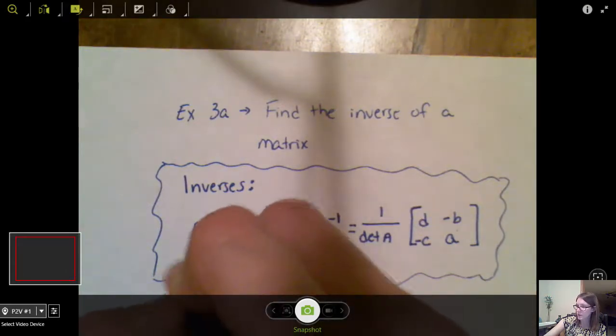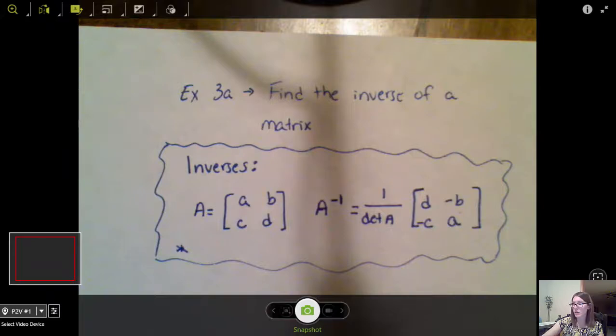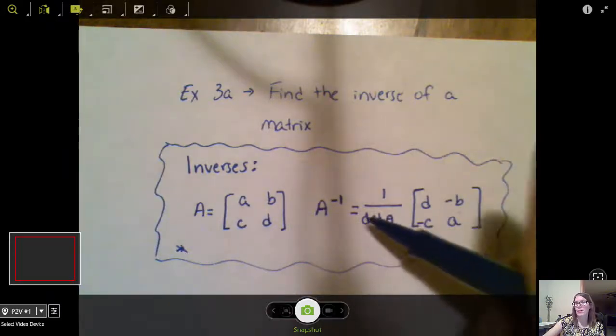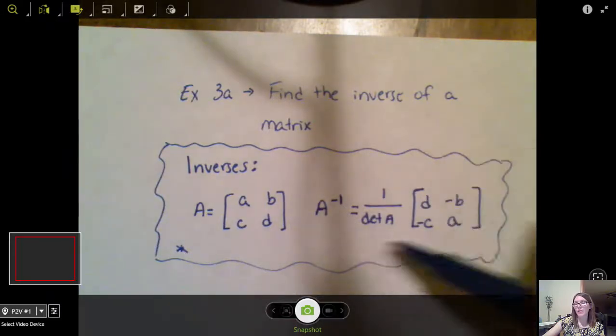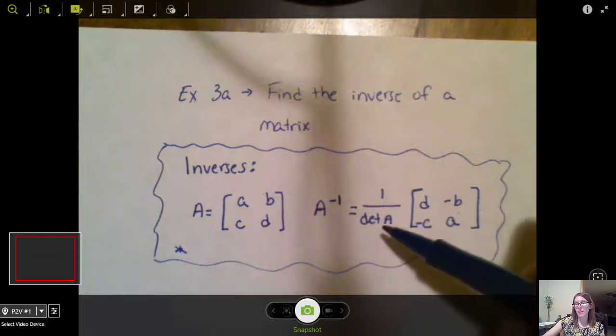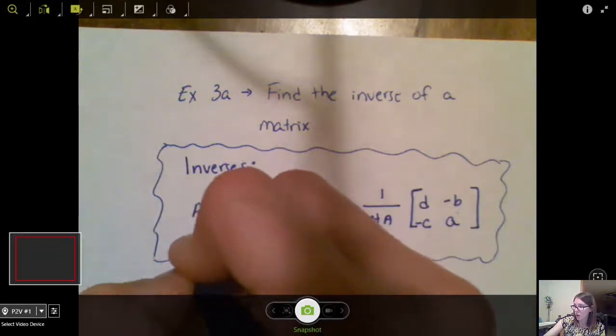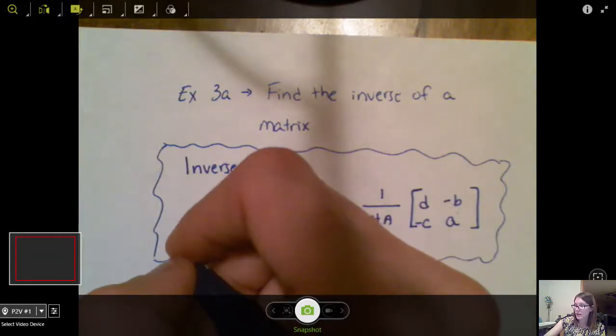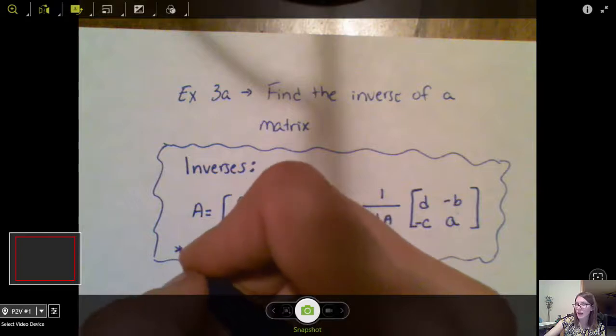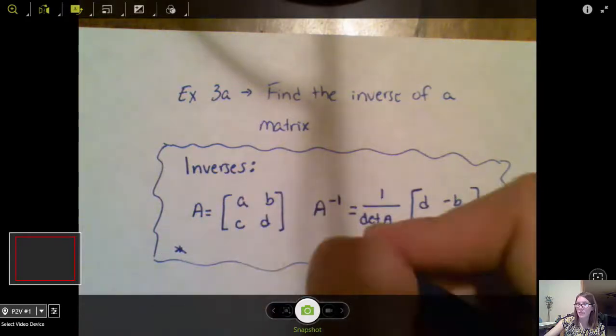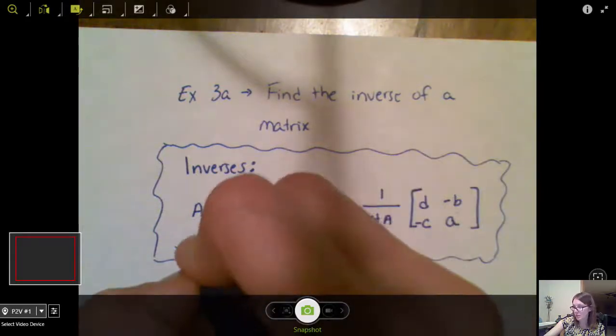Okay, and then I'm going to make the note here too, which you might be able to tell by looking at how our inverse matrix is set up. Think about when would we have an issue here? Well, if the determinant of A was 0, then we'd be dividing by 0. That doesn't work. So our matrix cannot have an inverse if the determinant is 0.